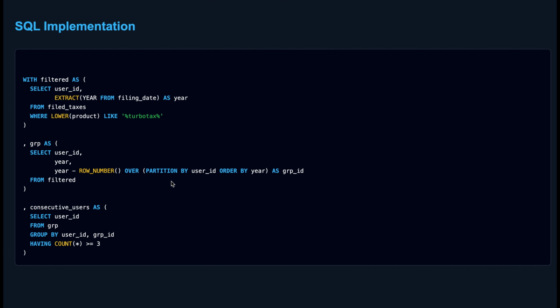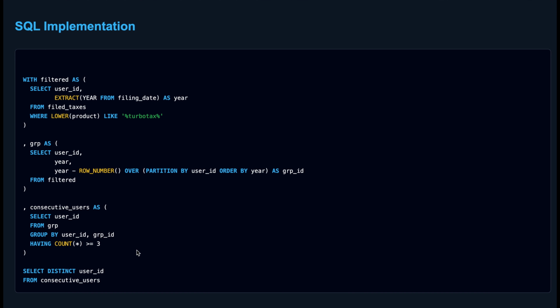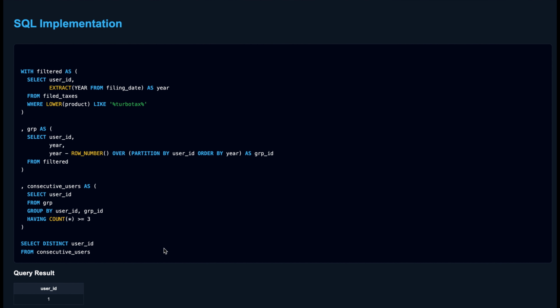Now we create the consecutive user CTE. And here we group by user ID and group ID and keep only groups where count is greater than or equal to 3. So here we are isolating only valid streaks. Finally, we select distinct user ID from the valid streaks and that gives us our final output, all the users who actually meet the criteria.